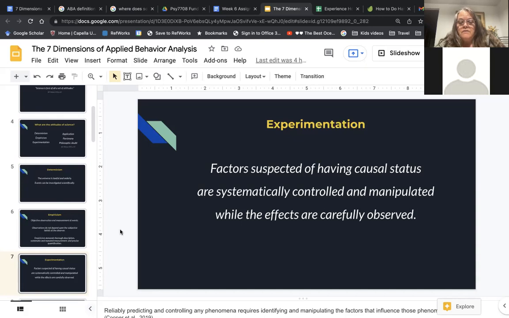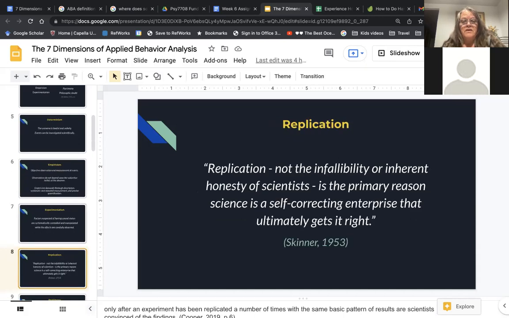And by doing these experiments, we can begin to reliably predict and control what is happening because we've seen it repeatedly. So we don't do it just once, we repeat that. And this is what we call replication.